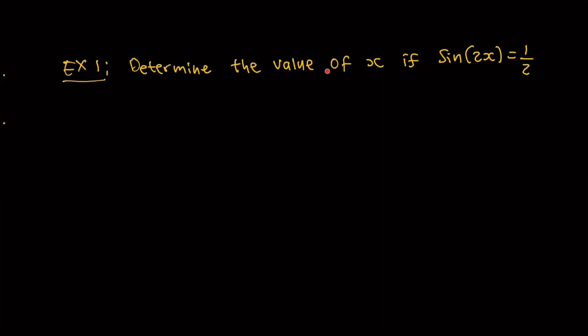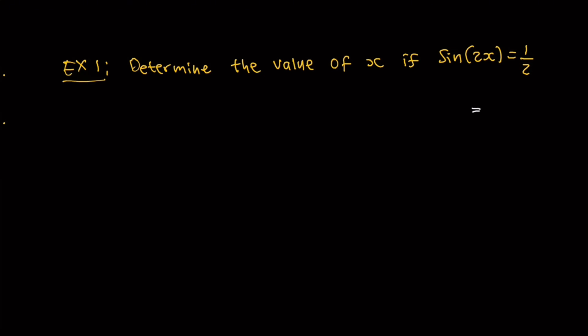Example number 1. Determine the value of x if sine of 2x is equal to 1 over 2. First things first, you need to move sine to the other side, so we want the value of x. When you move sine to the other side, it becomes arc sine of 1 over 2.